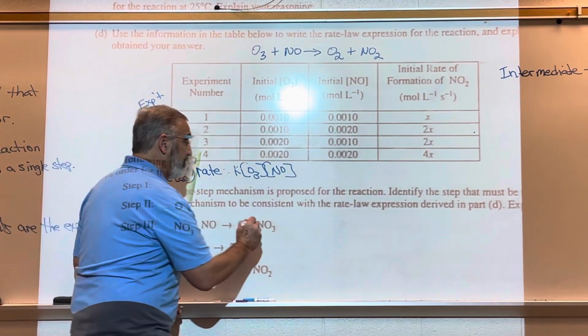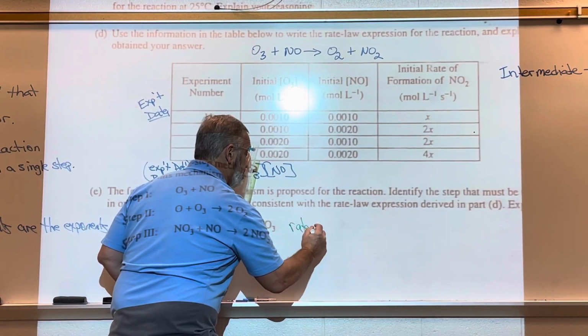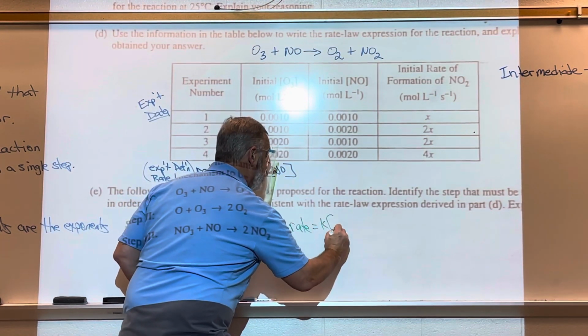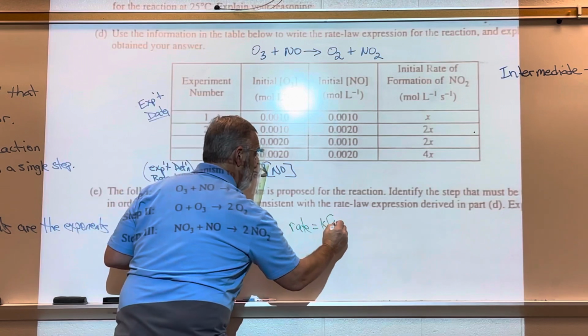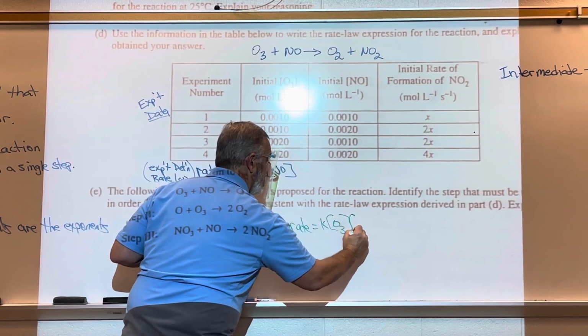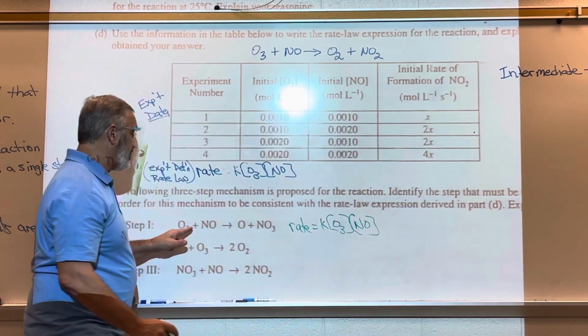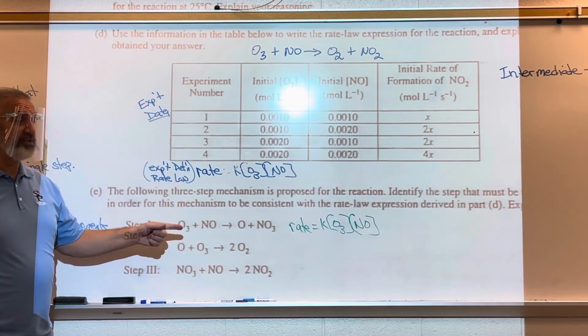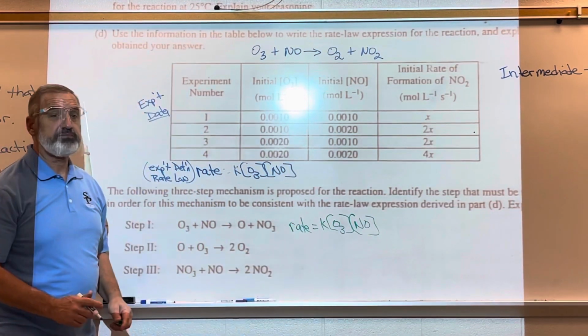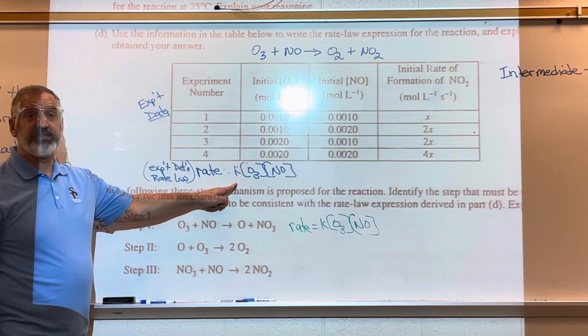So I can say that the rate of this one is going to equal K times O3 times NO. And the coefficients are both ones, so it's just to the first power. Now, that happens to be exactly the same as this one.